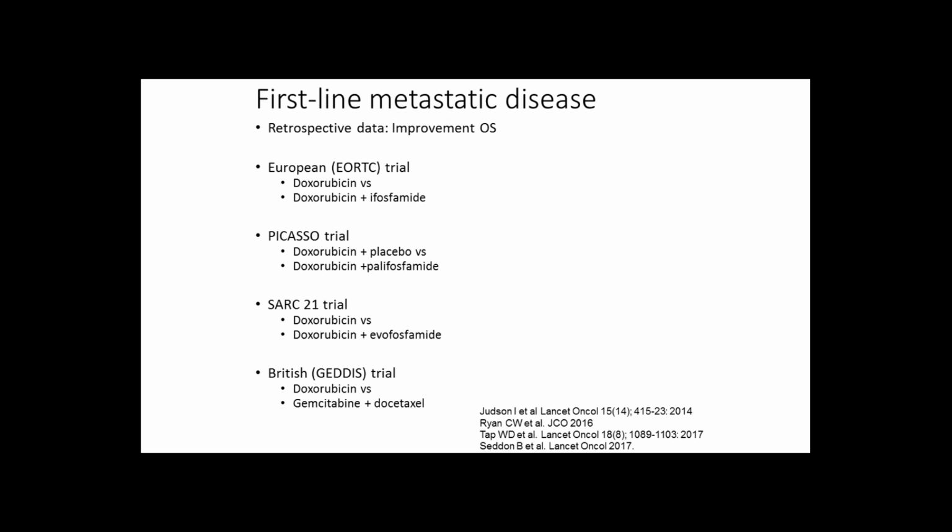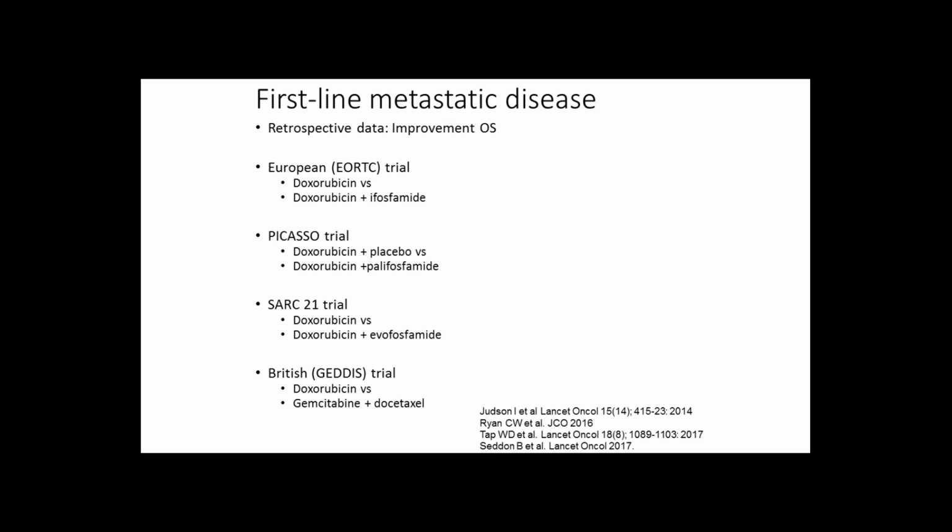And similarly, the SARC-21 trial randomized people to receive either single-agent doxorubicin or doxorubicin plus evofosfamide. And evofosfamide is a hypoxia-activated alkylating agent. So it is similar to ifosfamide, but activated in hypoxic tumor tissue. And this trial, again, showed no significant difference between the two arms in terms of both progression-free survival and overall survival.